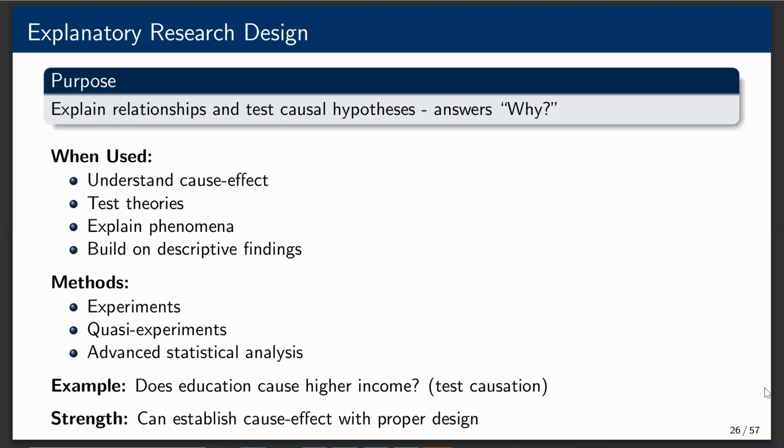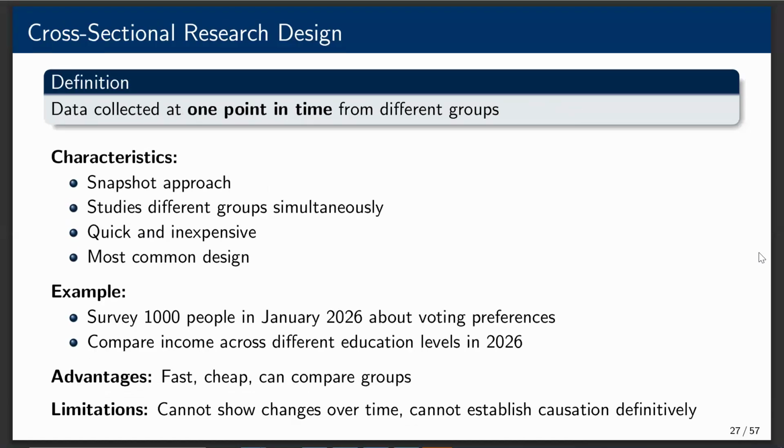So basically we are trying to study the causation. And the strength is, we can establish the cause and effect with a proper research design. But if a research design is flawed or there is a lot of error, then you cannot establish the cause and effect.